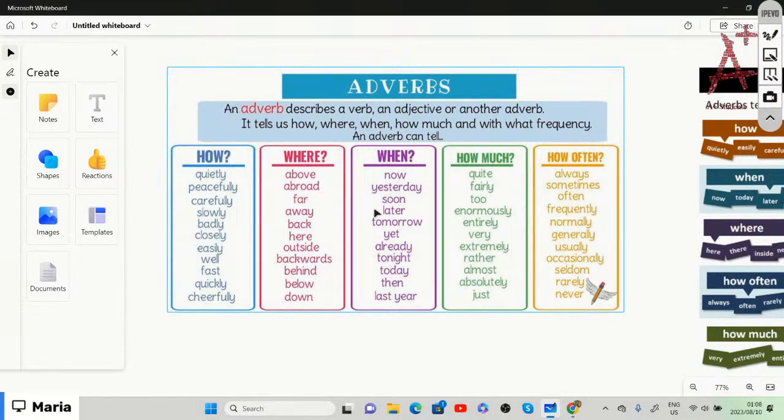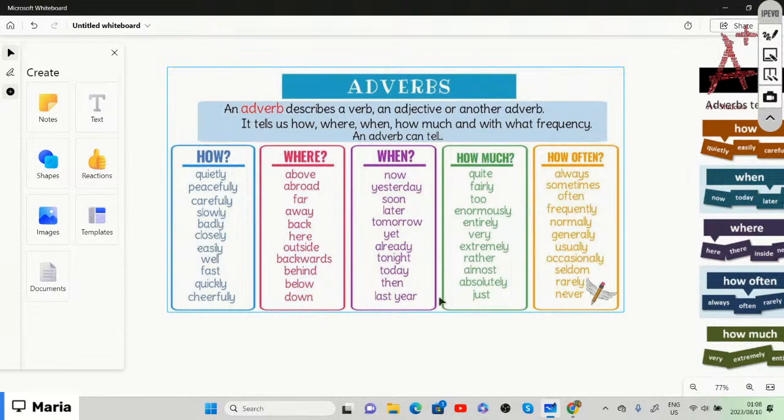And like we said, it tells us how, when, and where. It also tells us how much, and it can also tell us with what frequency.